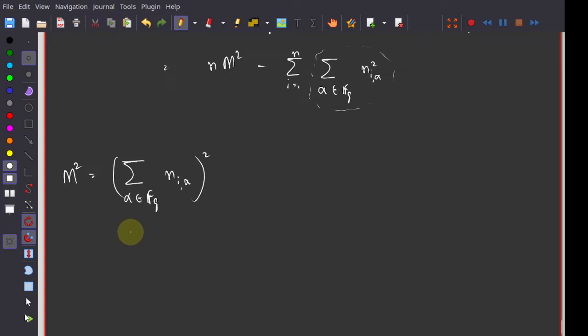Right now what I want to do is use Cauchy-Schwarz. I can write this quantity as the inner product of the vector n_i, where n_i is n_i0, n_i1, and so on for all possible symbols, a vector of size q, with the all ones vector.